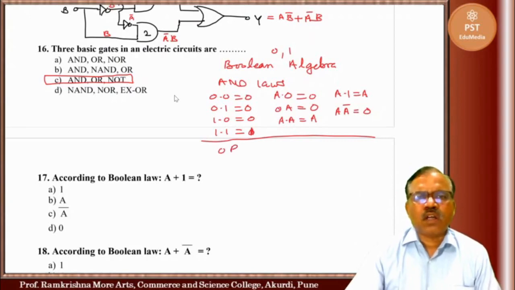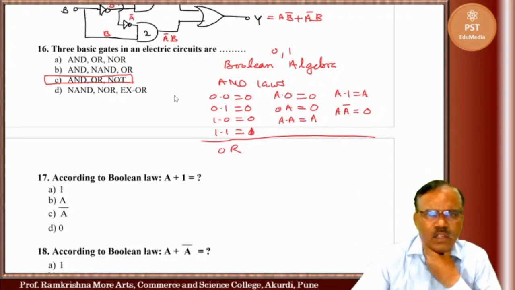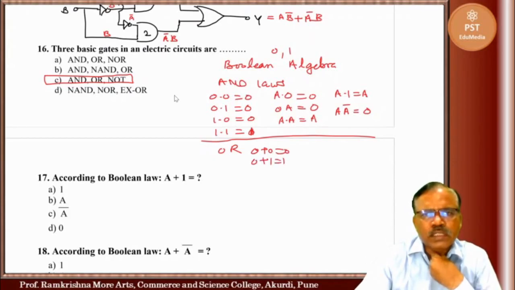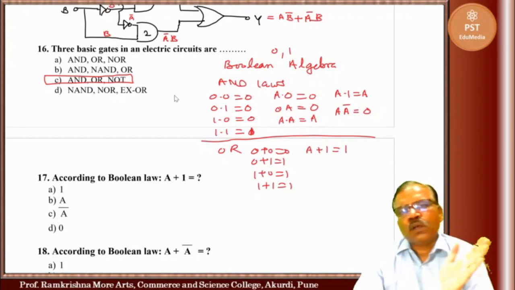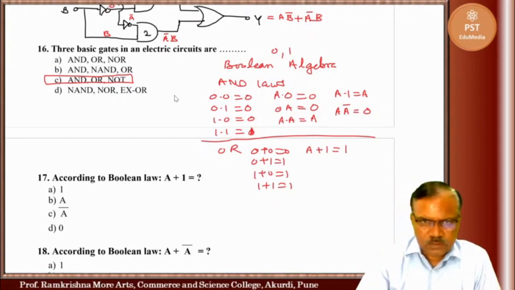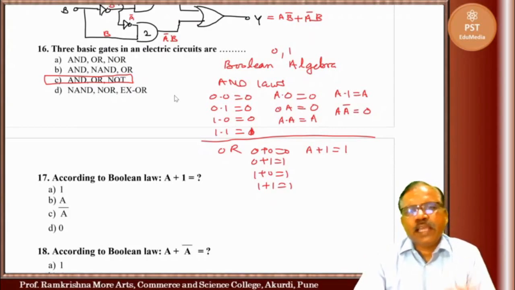We have OR laws. And what are those OR laws? 0 plus 0 is 0, 0 plus 1 is 1, 1 plus 0 is 1, 1 plus 1 is 1. So suppose we take A plus 1, it gives you 1. If A is 0, 0 plus 1 is 1. If A is 1, 1 plus 1 is 1.